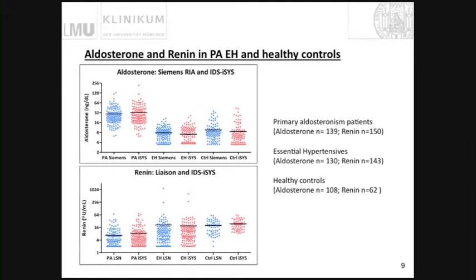Following the ARR measurement, as I said, in Munich they are doing the saline infusion test, to exclude any essential hypertensive patients which might have had an increased ratio due to a slightly elevated aldosterone for whatever reason, or a slightly suppressed renin for whatever reason.